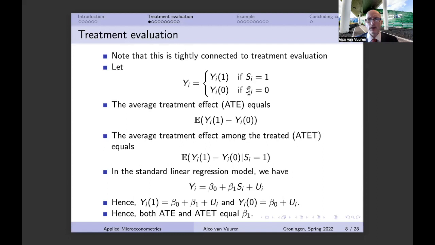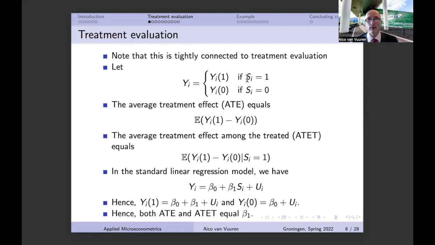In this case, we are going to assume that it can only take two different values. Either SI is equal to 0, in which case we say that the individual is not treated, or SI is equal to 1, and in that situation the individual is treated.